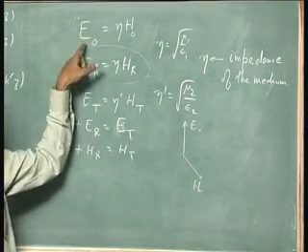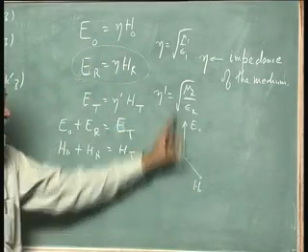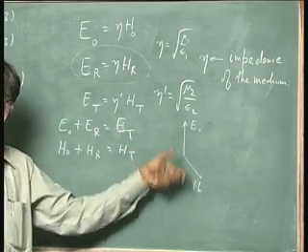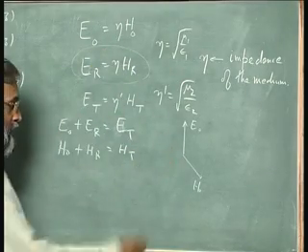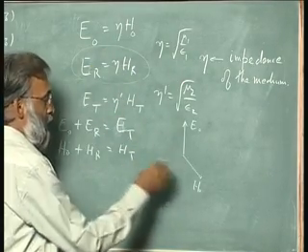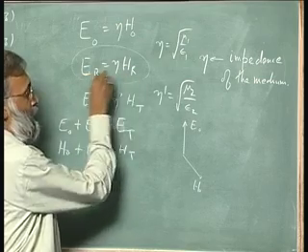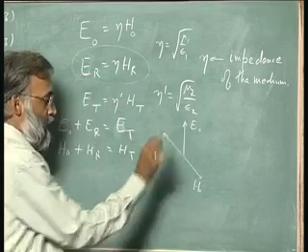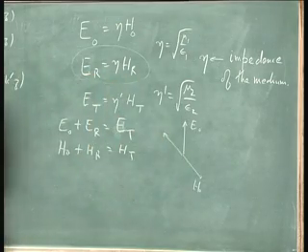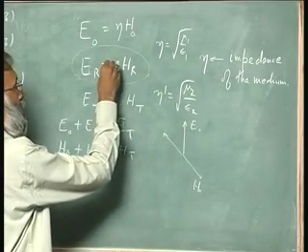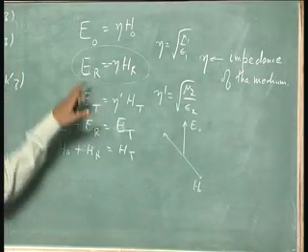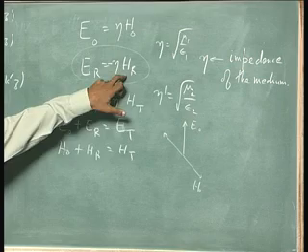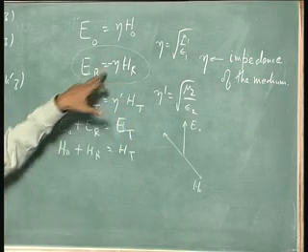So, when I say E naught is equal to eta H naught, I mean E naught along x is H naught along y multiplied by eta. But when I connect E r and H r, my H is in the opposite direction, because E cross H must be the other way. So, I need a minus sign for any reflected wave. Any wave going in the opposite direction must have a minus sign.